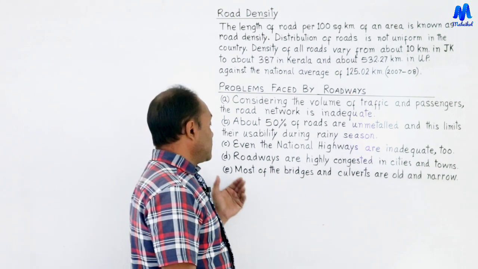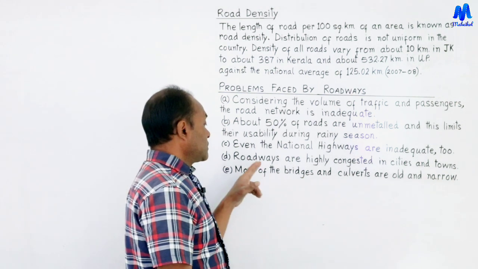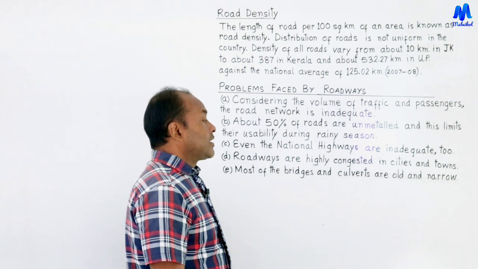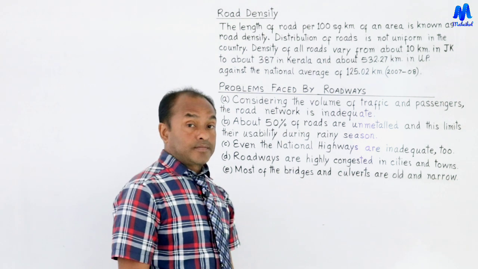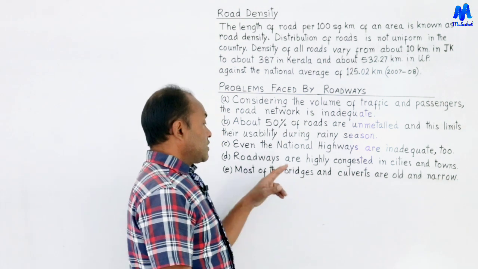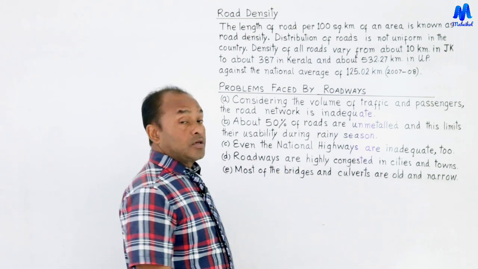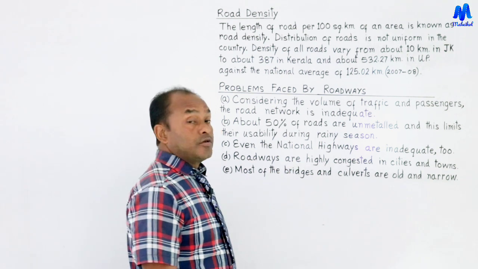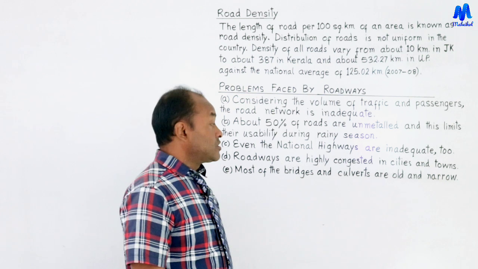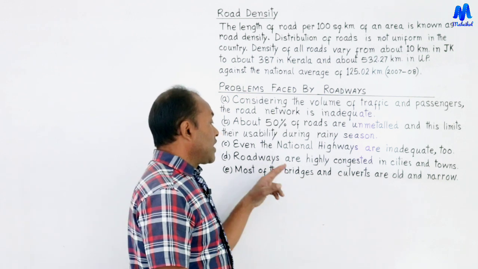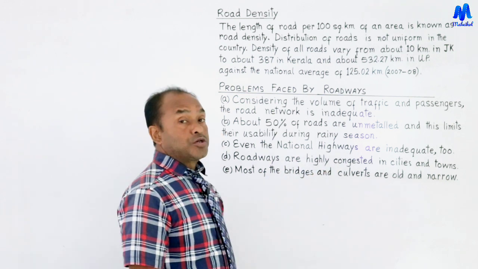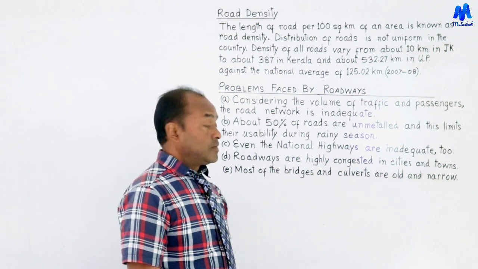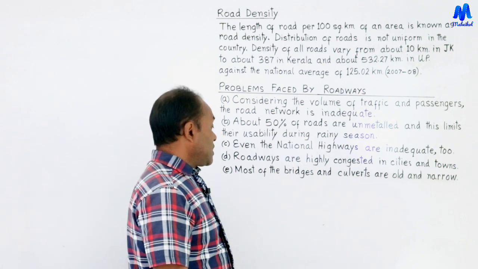In number D, roadways are highly congested in cities and towns. Yes, it's definitely true, because each and every year we have an increasing number of vehicles and passengers plying on the road. That's why we are facing this type of congestion in cities and towns.